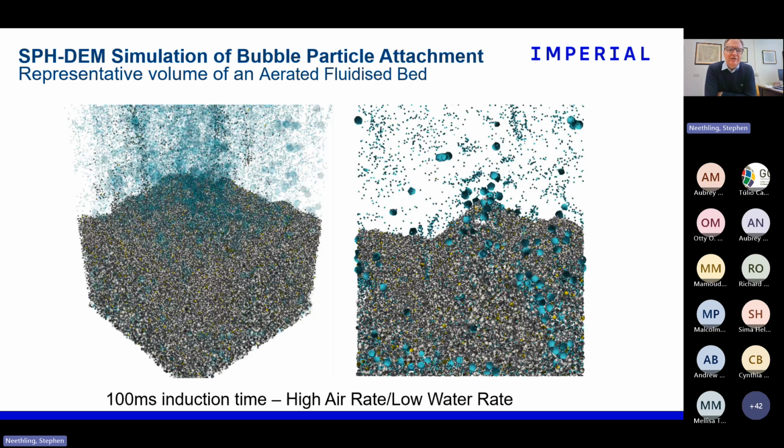And we're now treating our particles and our bubbles as DEM objects. Admittedly, the bubbles as very soft DEM objects and the particles as hard DEM objects, as well as having the water, which is two-way coupled, so affecting the solids and being affected by the solids.